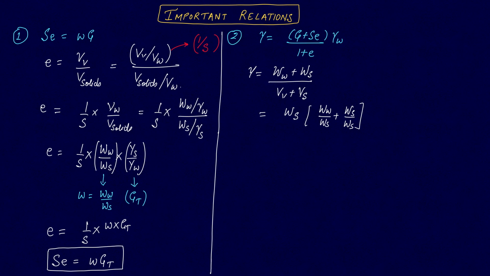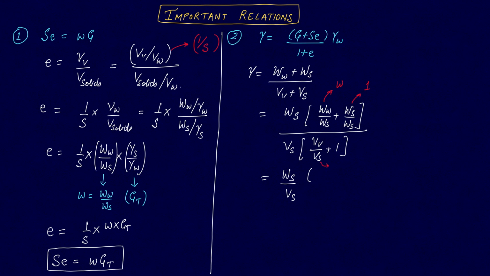Fine, or that can be simply written as 1, whereas here if you take Vs common, then this will be Vv upon Vs plus 1. So again here you can see Ws upon Vs into, here this particular term is the water content, and this term is 1.